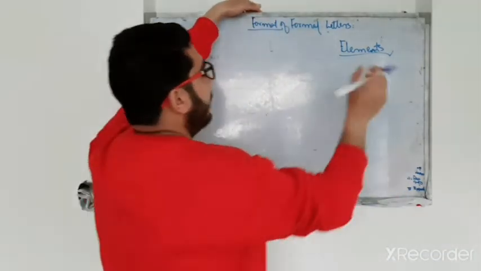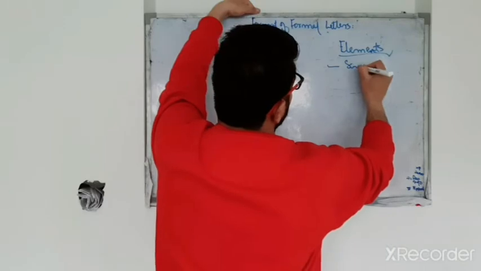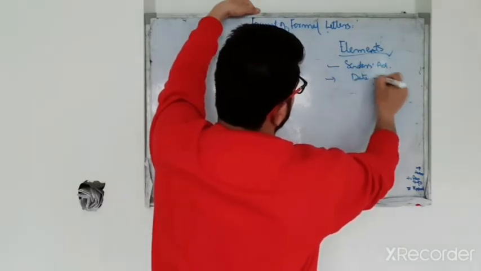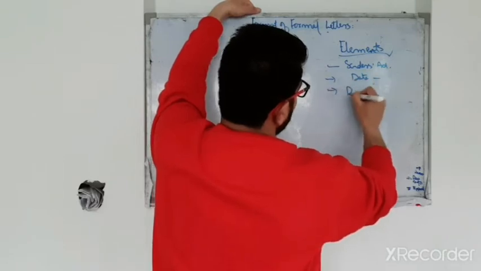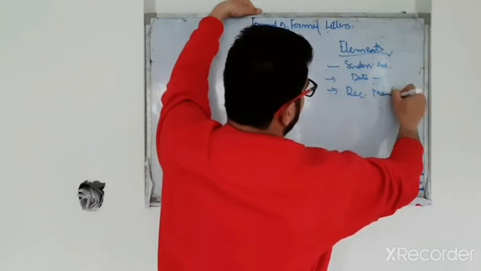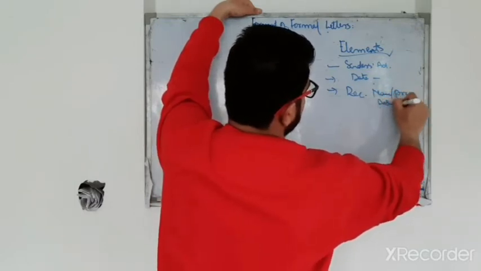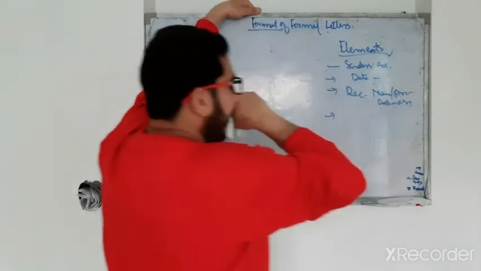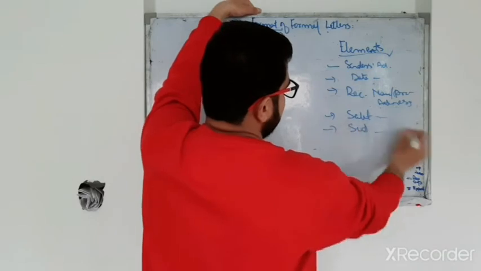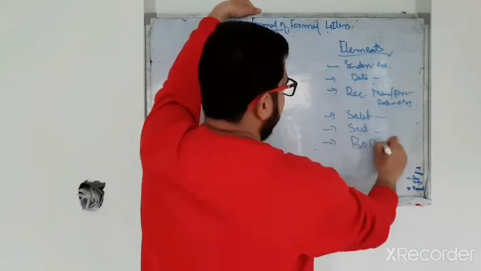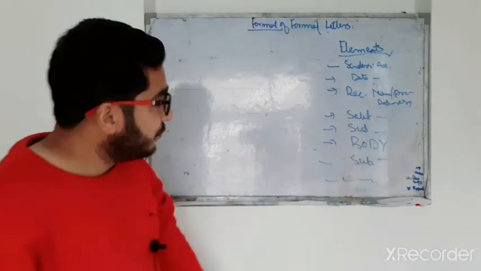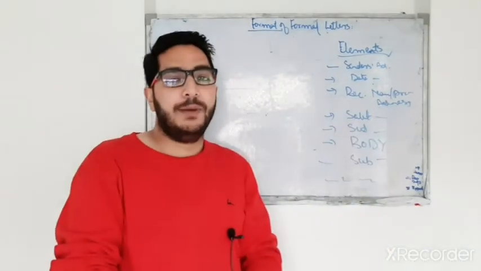We have the sender's address first, then the date, then the recipient's name, profession, and address, etc. We'll discuss that later on. And we have the salutation, the subject line, the body, the subscription, and even the signature. So these are the elements of a formal letter.